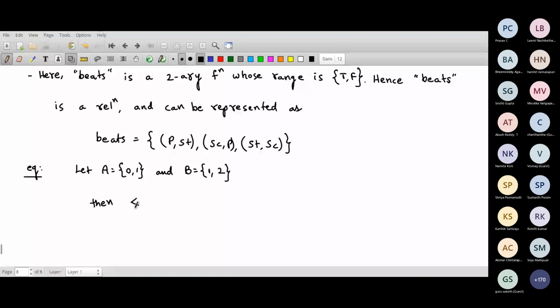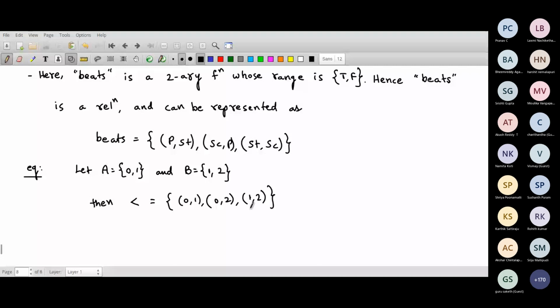So this relation among these two sets, I have to understand how the less than relation holds. Basically you need to cross these two sets. You will get 4 pairs, right? (0, 1), (0, 2), (1, 1), (1, 2). Among those 4 pairs, which pairs satisfy this relation? 3 pairs satisfy this relation. That is (0, 1), (0, 2), and (1, 2). So (1, 1) does not satisfy this relation. So that need not be shown in this set.